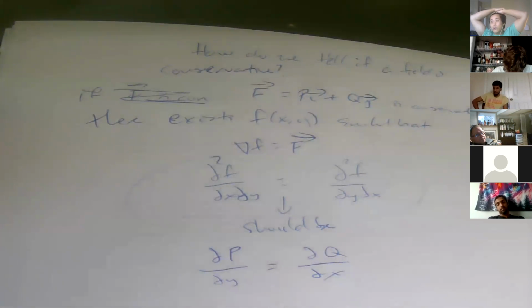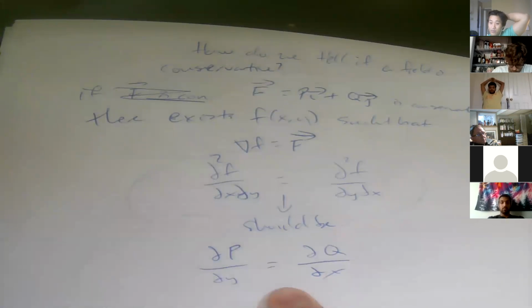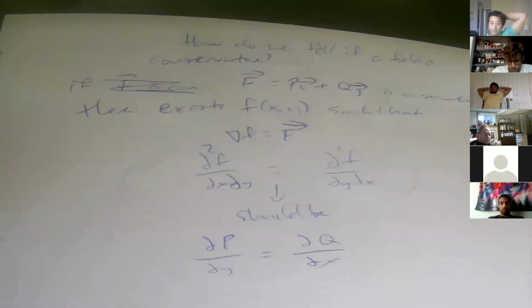Well, I can quickly check if it's not conservative, if it fails this equality. Right? Does that make sense?